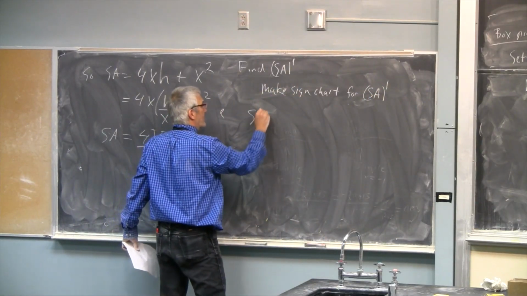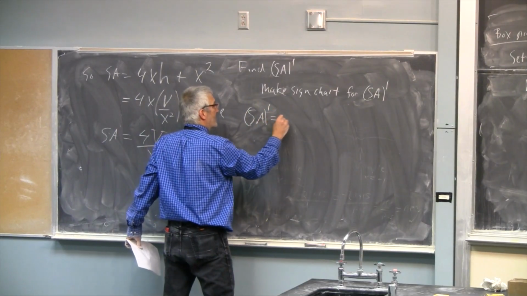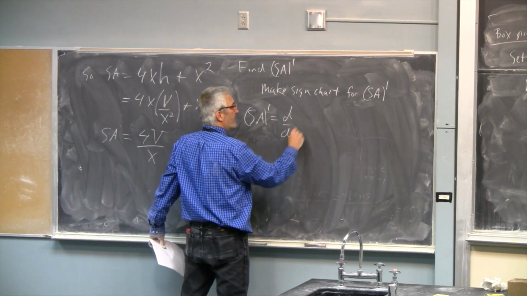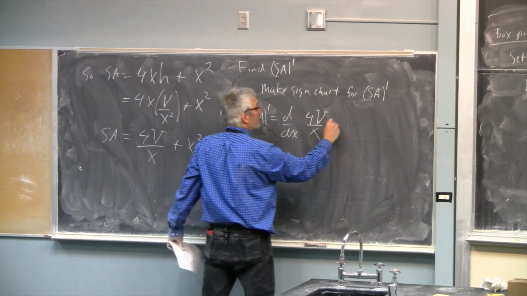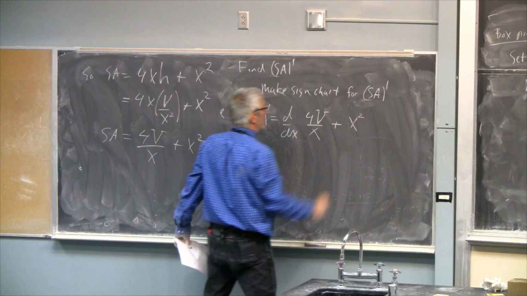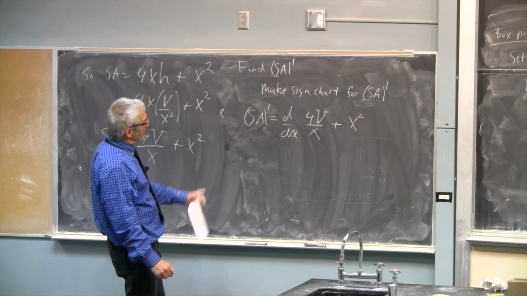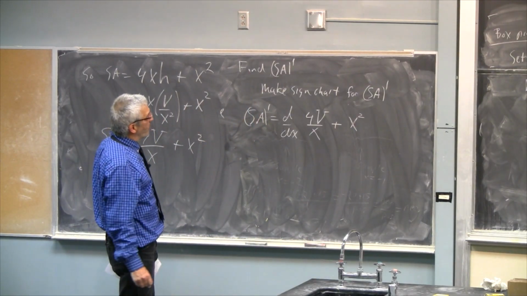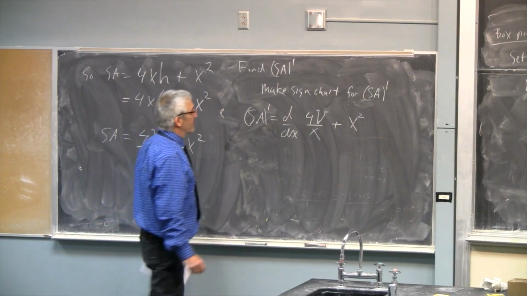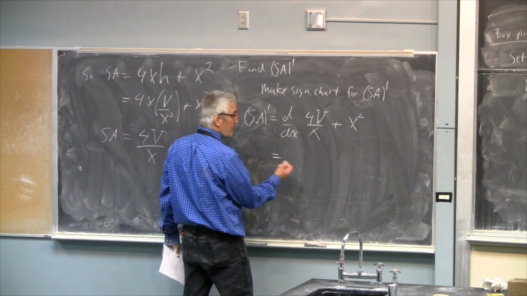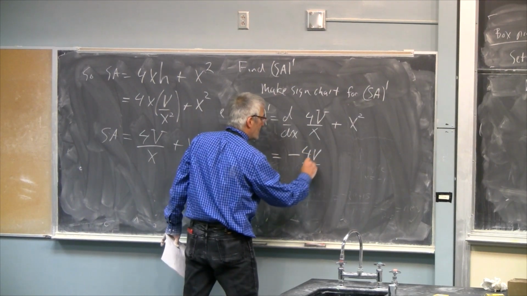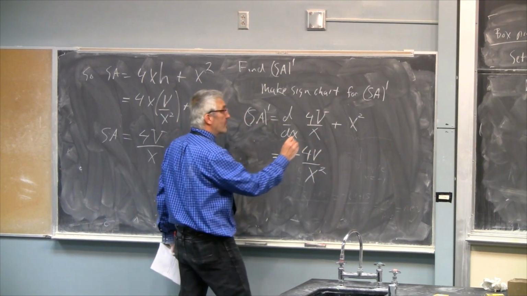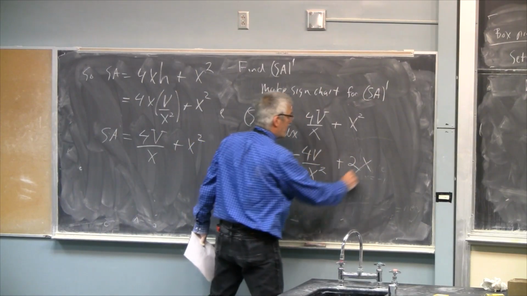So surface area prime is the derivative of 4V over x plus x squared. If you go through this, you don't need the quotient rule. This is the same as 4V times x to the minus 1. It turns out that the derivative is minus 4V over x squared plus 2x.